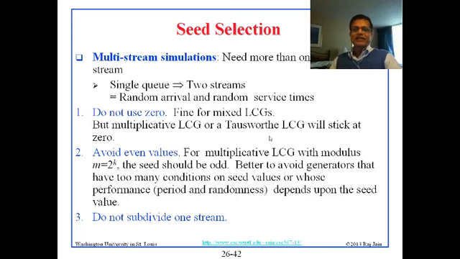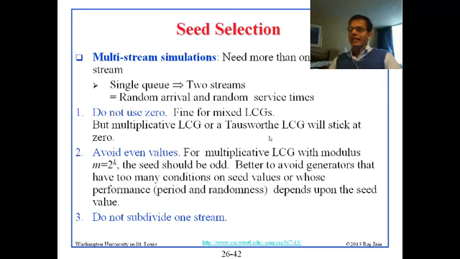First, all simulations are multi-stream. What is multi-stream? If you're doing a queuing simulation, let's say a single M/M/1 queue, you need a random number to generate an arrival, and you need a random number to generate a service time. You need at least 2 random numbers for each queue.